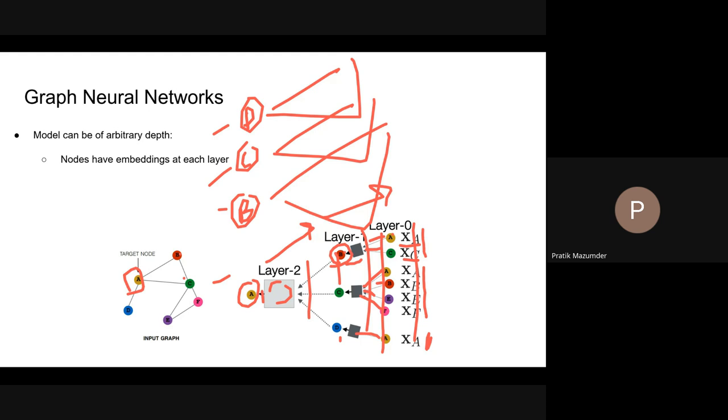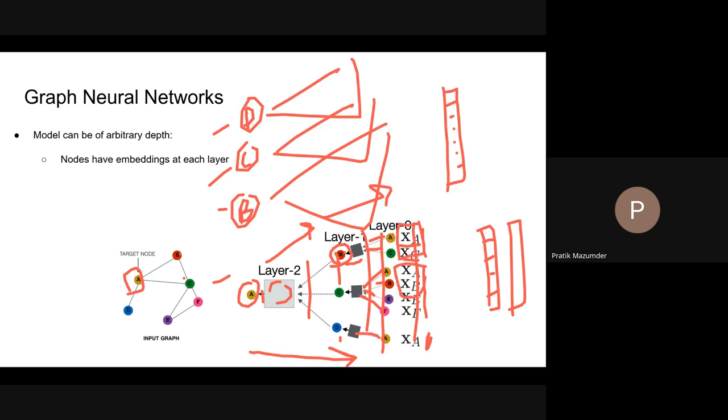Ideally, at every layer, you will update the representation of every node. This is only for the intuition, to look at it in this way. But in every layer, you will be updating the representation of every node that you have. While updating, you will follow a process that I will show now, that only considers the neighborhood of that particular node.